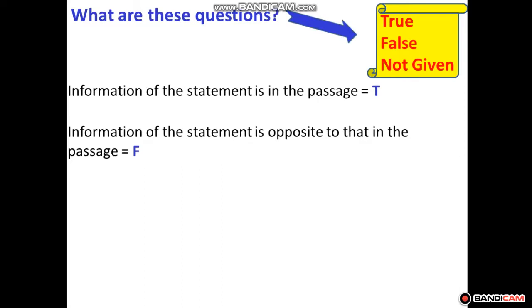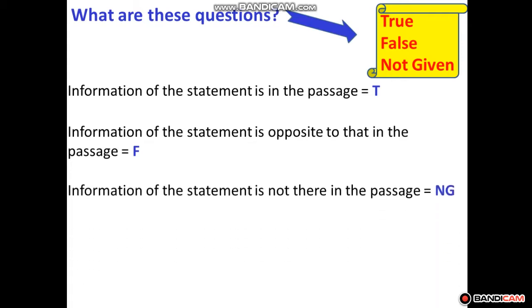If the information of a statement is opposite to that in the passage, that is equal to false. And if the information of the statement is not there in the passage, it is missing, that is known as not given question. Alright?